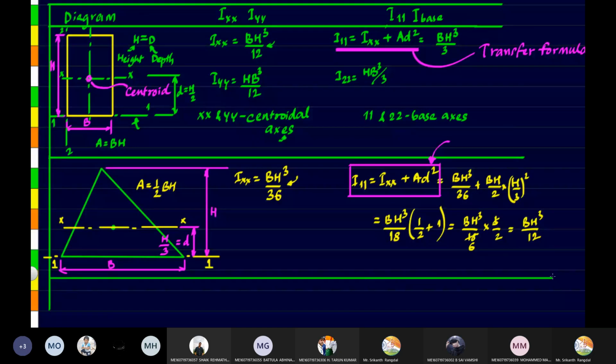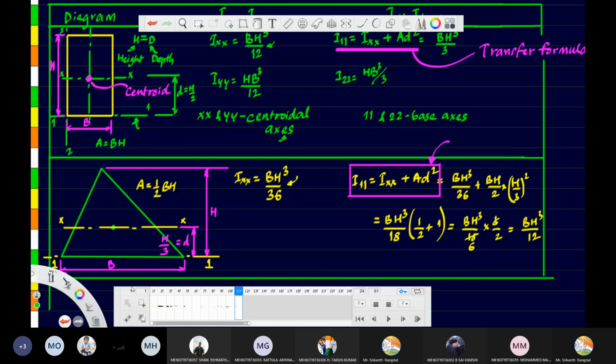Fine. So that anytime, even if you don't have the book, you should be able to find those formulae, and use it to solve any problem. Fine. So this is understood. Any doubts here? This is for the triangle.